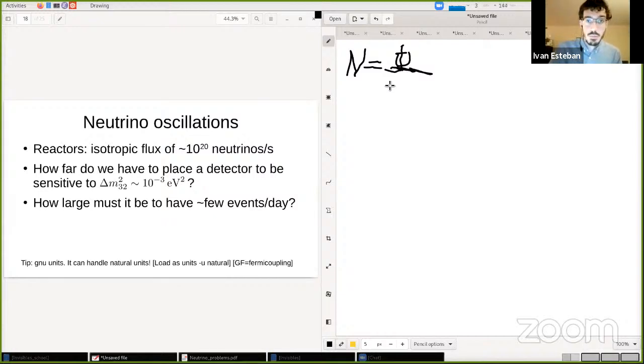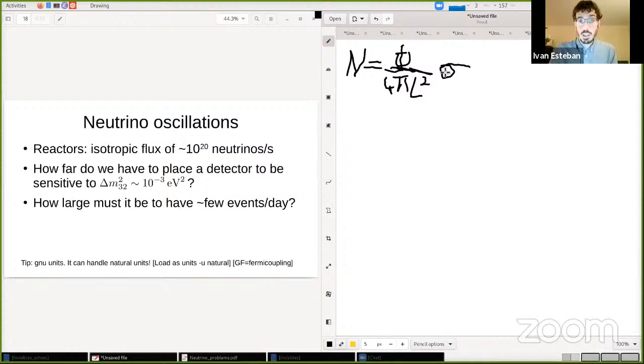So this is the flux over 4 pi L squared. This is multiplied by the cross section of neutrino matter interaction.